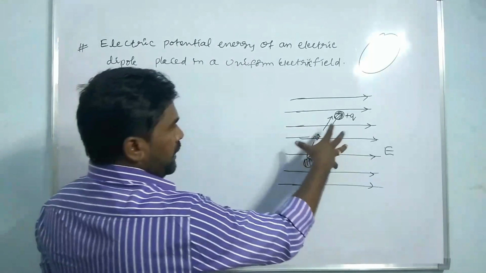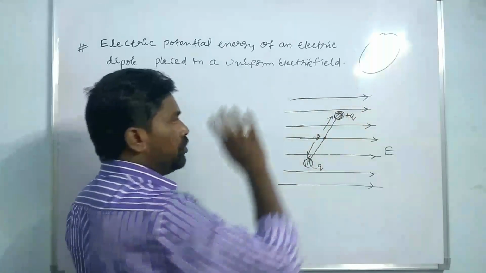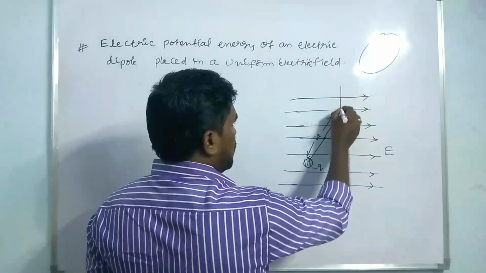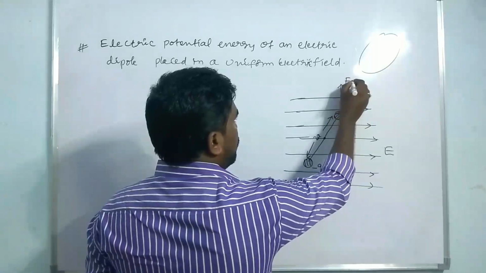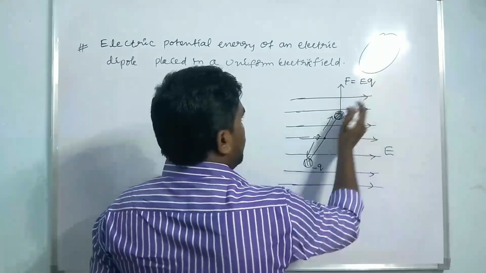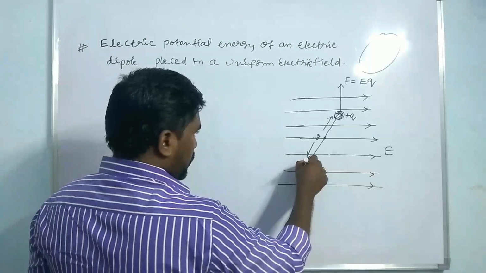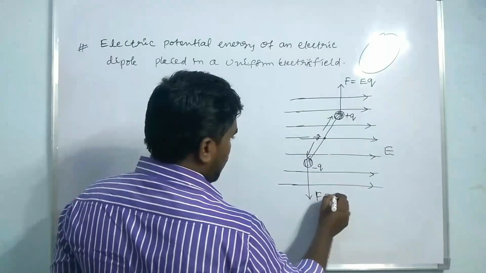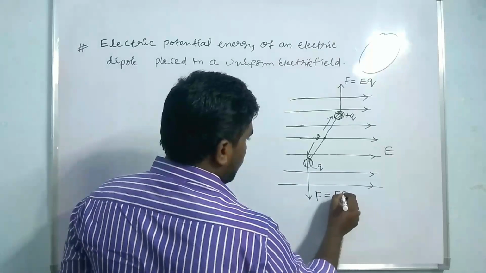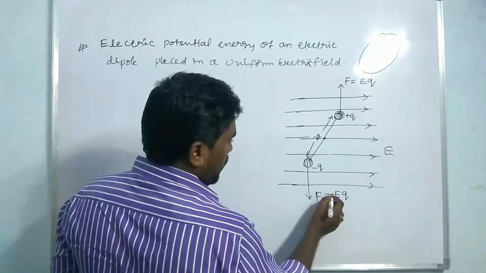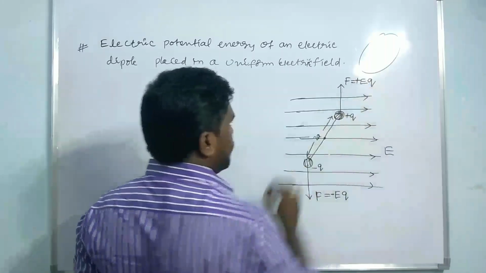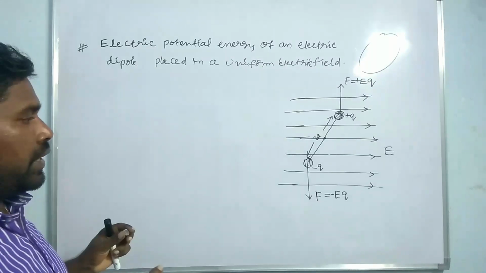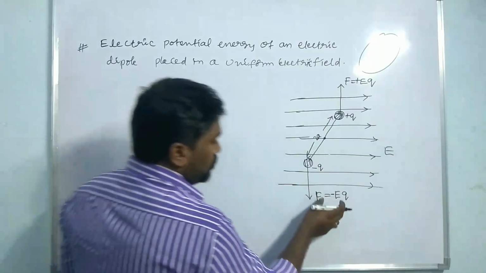Whenever we put an electric dipole into a uniform electric field, the force acting on the plus Q charge is F equals EQ in the upward direction, and on the minus Q charge, F equals EQ in the downward direction. The forces are equal but opposite in direction because the charges are opposite.